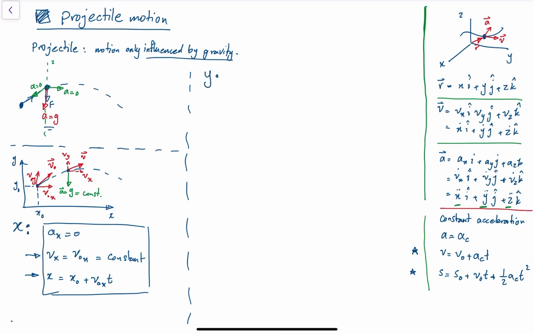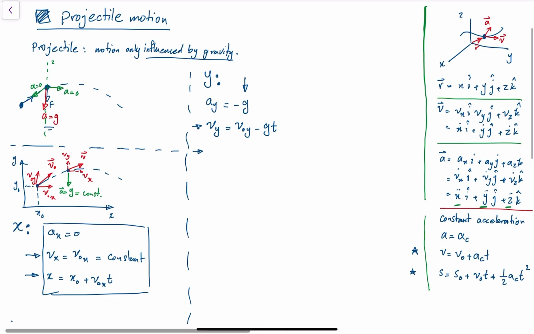Now let's look at y. Y is equally easy, but there's slightly more terms in the equations. We know acceleration along the y is always minus g, minus because it's downward. So it's in the opposite y direction as I have chosen here. Because of that, I can calculate velocity along the y to be initial velocity minus gt.